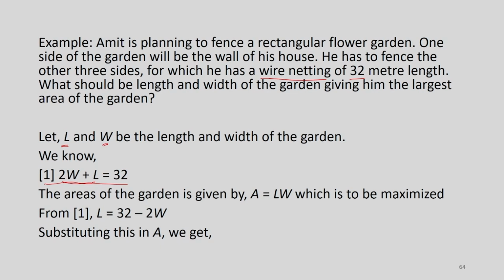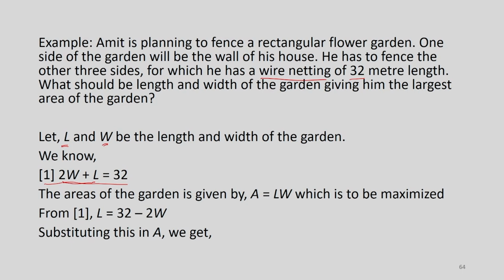So what we have done is that implicitly we have taken at least one length of the garden to be covered by the wall of the house, and the reason is very simple. Remember, he wants to maximize the area of the garden, right? So it will be optimal for him to cover the length, which is the longer side of a rectangle, by the wall of his house, because that will save him more wire netting.